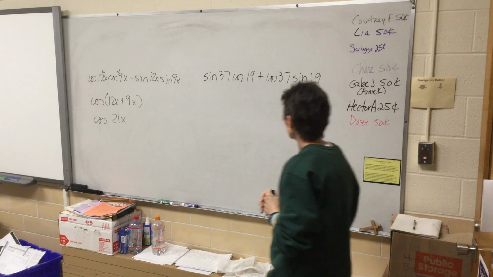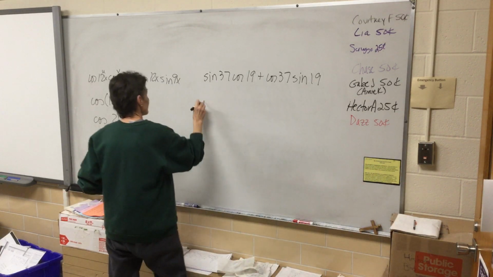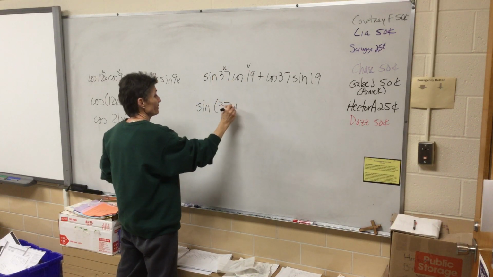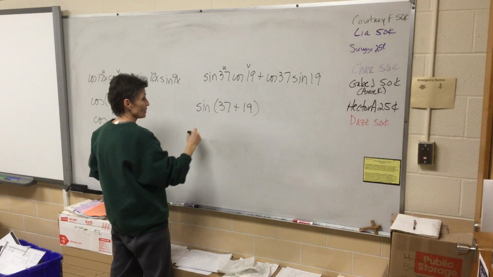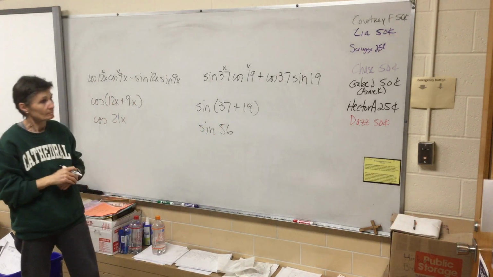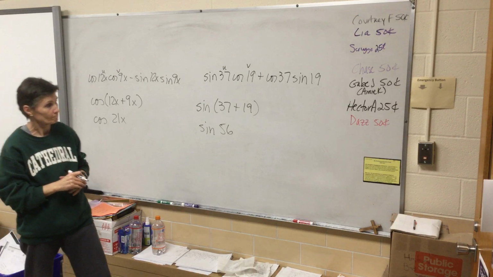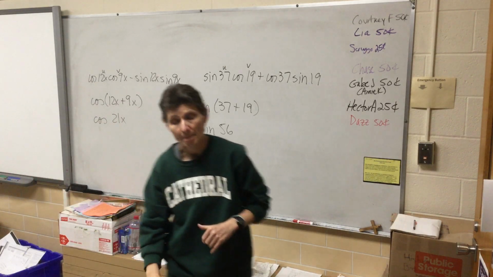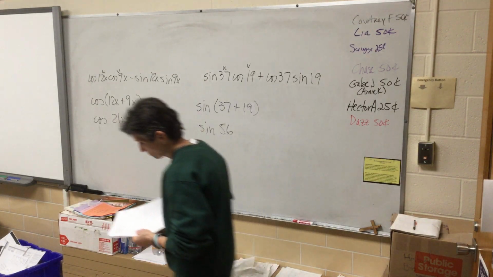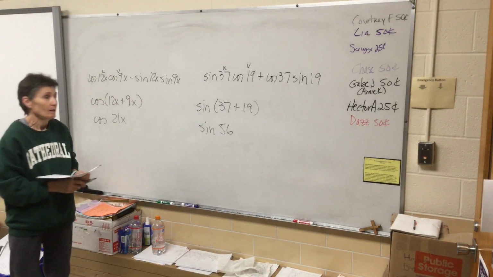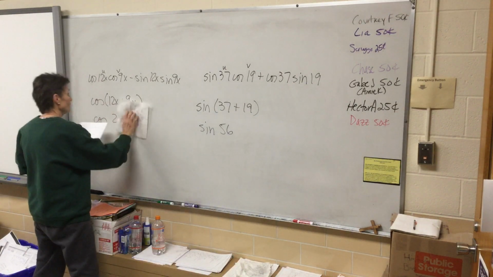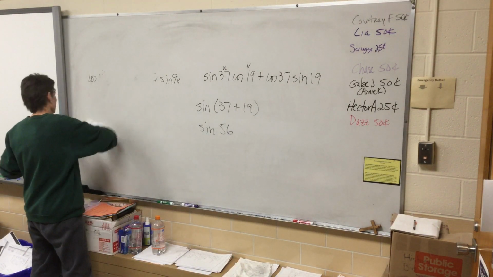Sine u plus v, so that's 37 plus 19. So this is the formula for the sine of 56. Get through these next couple and then we'll have this section.